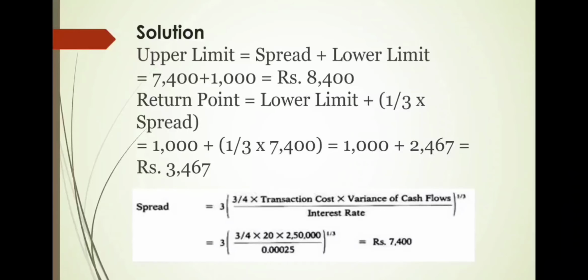The spread should be calculated first, and that is the formula: 3 outside and opening the bracket, 3/4 into transaction cost into variance of cash flows divided by the interest rate, closing the bracket, raised to 1/3.